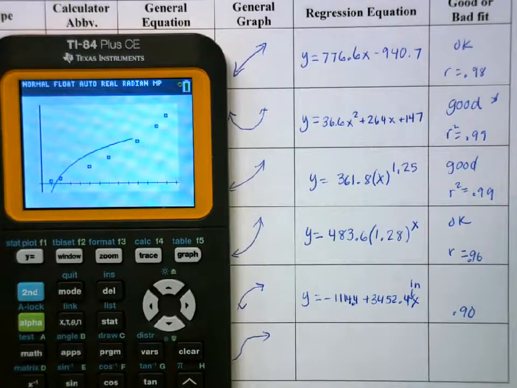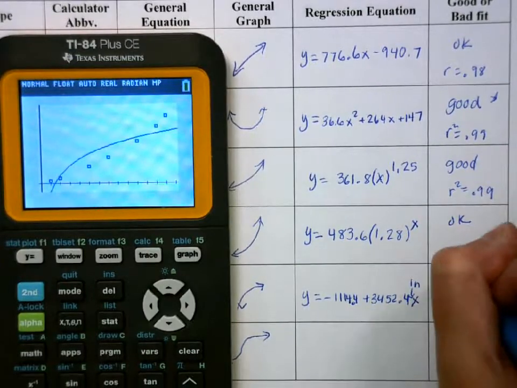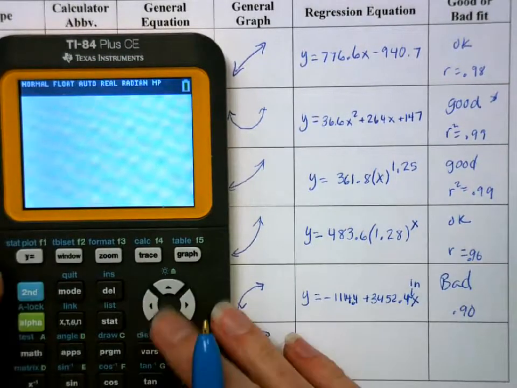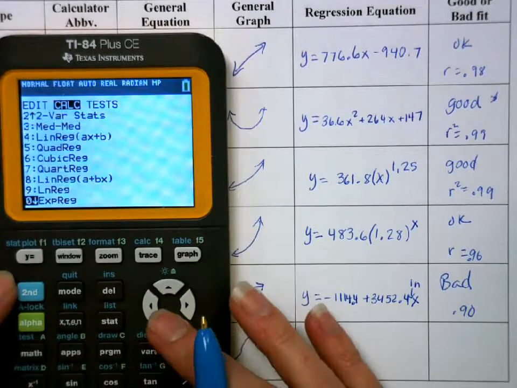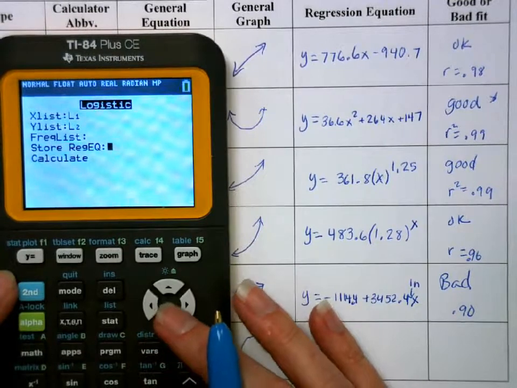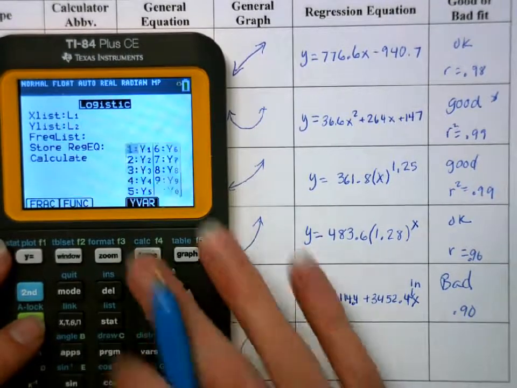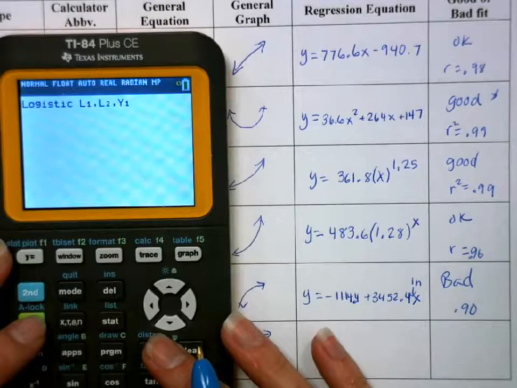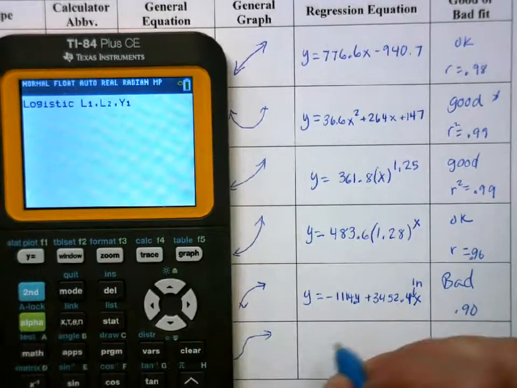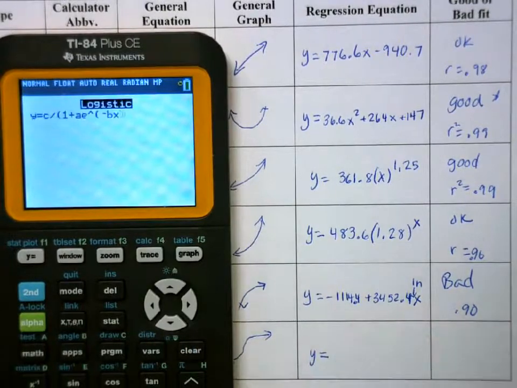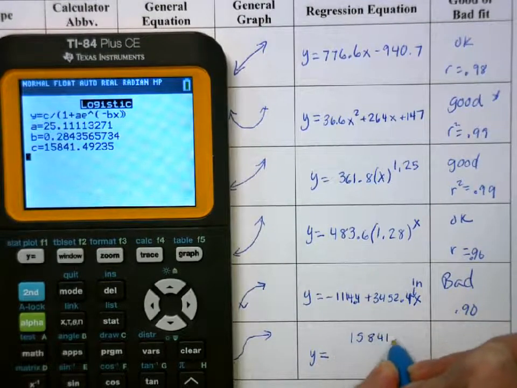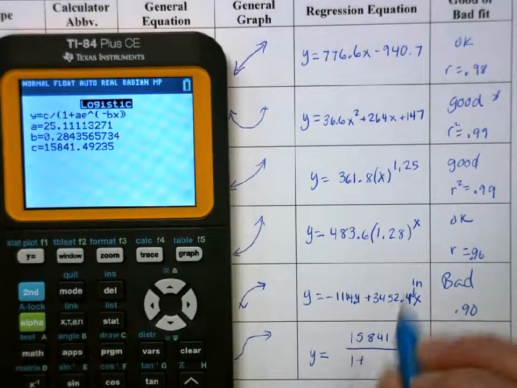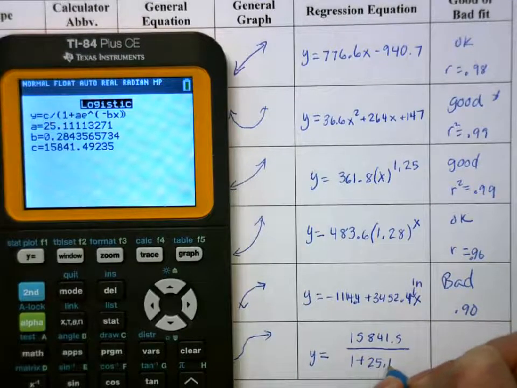Okay, the last one is logistic, so we'll run one more regression and pick our winner. So we have 1,584.1.5 over 1 plus 25.1 e to the negative 0.284x.